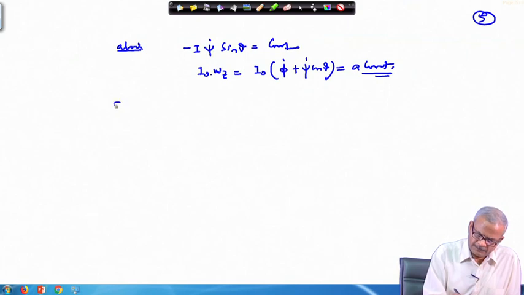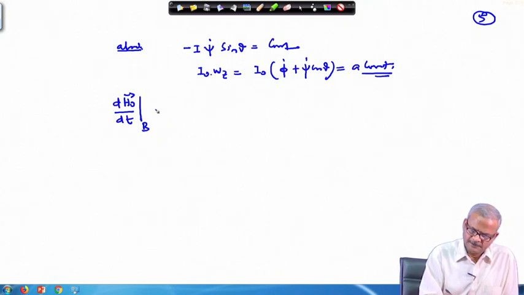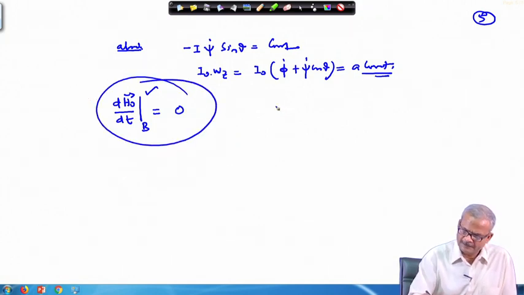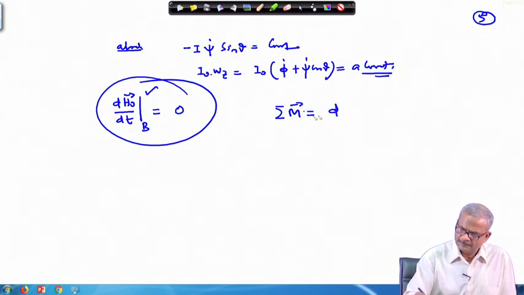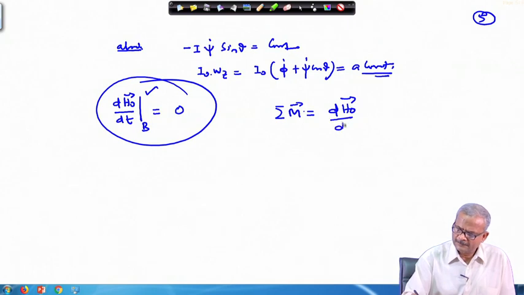Okay. Therefore, dH0 by dt with respect to the body axis, your H vector is constant and therefore this quantity becomes 0. So, what is left in the equation E m, this we have written as dH0 by dt with respect to the body axis plus capital omega cross H 0.